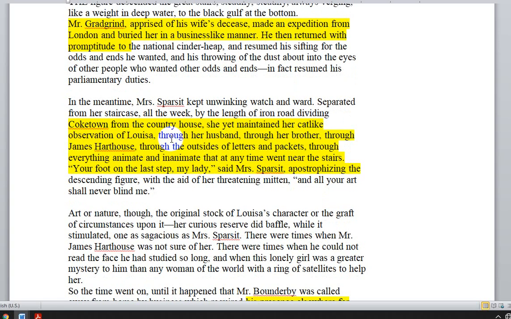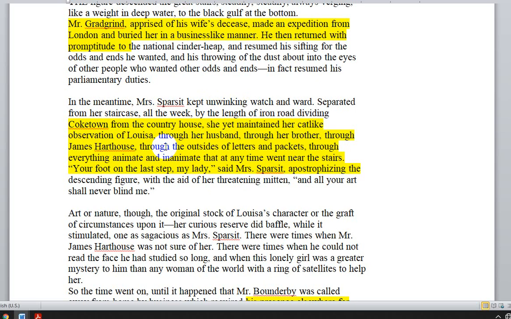In the meantime, Mrs. Sparsit kept unwinking watch and ward, separated from her staircase all the week by the length of iron road dividing Coketown from the country house. She maintained her cat-like observation. We need to pay attention to the writer's use of these words: unwinking watch, cat-like observation, and previously a hawk's eye look in the previous chapter.